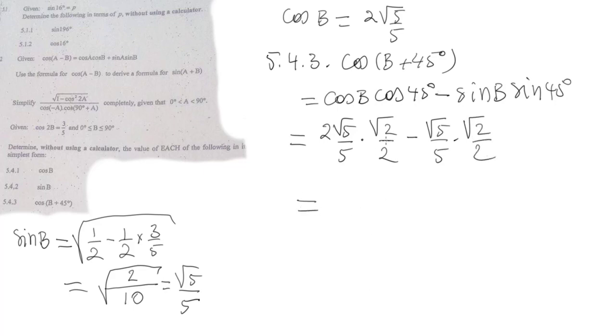So therefore here we'll have root 10 over 10. That is our answer. So it will be square root of 10 divided by 10, because our denominator is 10. Here will give us 2 root 10 minus root 10. So that is the final answer.